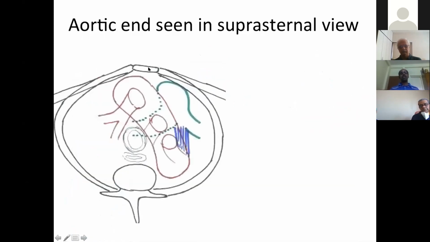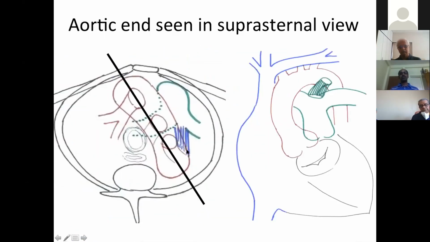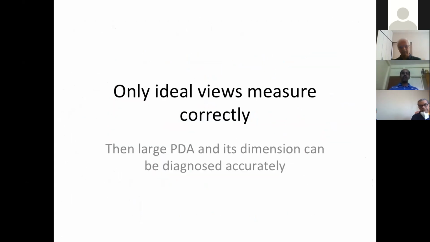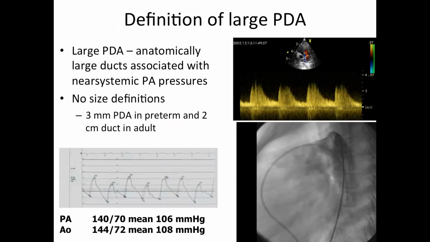The PDA can be seen from the suprasternal view also, not in the conventional suprasternal long axis view, but we need to realize that the PDA will come more sagittally. So we need to keep on the leftward side of the suprasternal notch and make the probe almost sagittal to the plane of the body. Only ideal views will measure correctly, and then only a large PDA and its dimension can be diagnosed accurately.